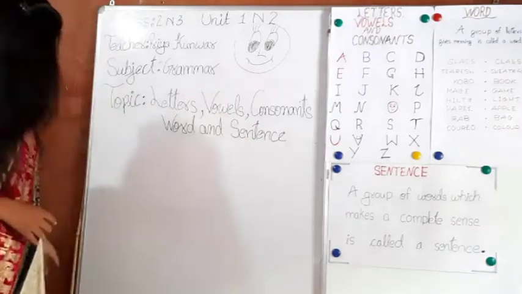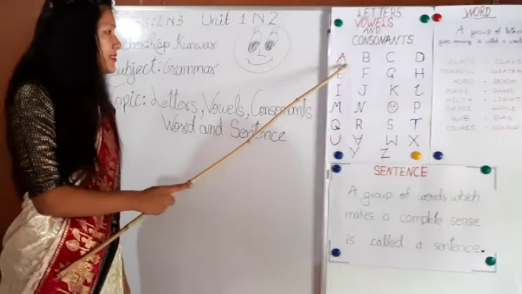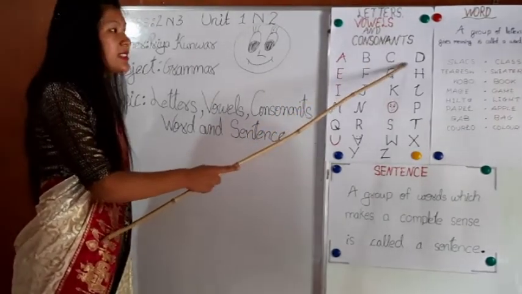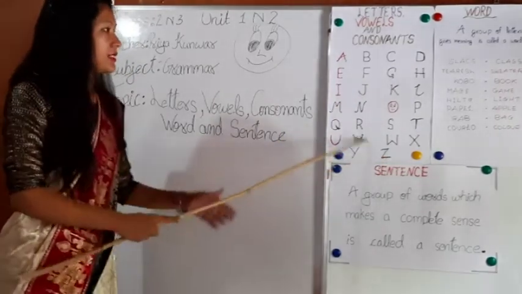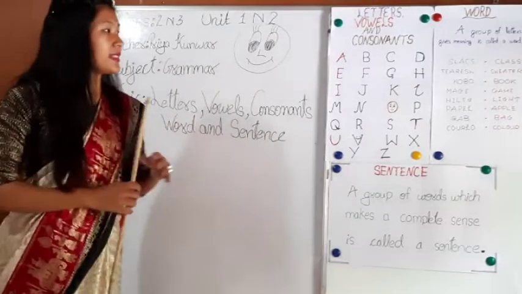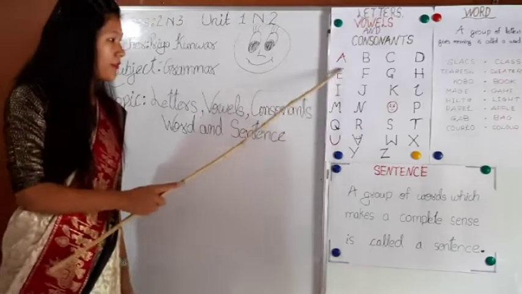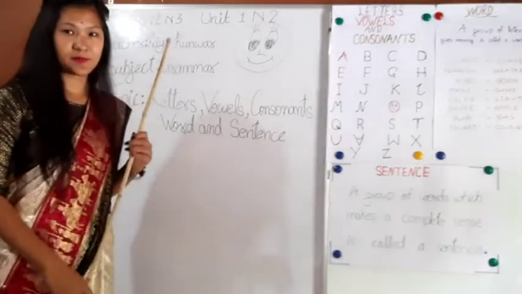Letters are A, B, C, D to Z. In these letters, there are 5 vowels and 21 consonants.